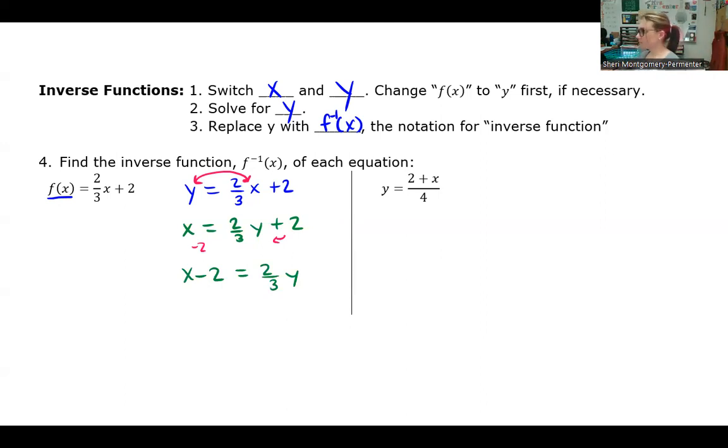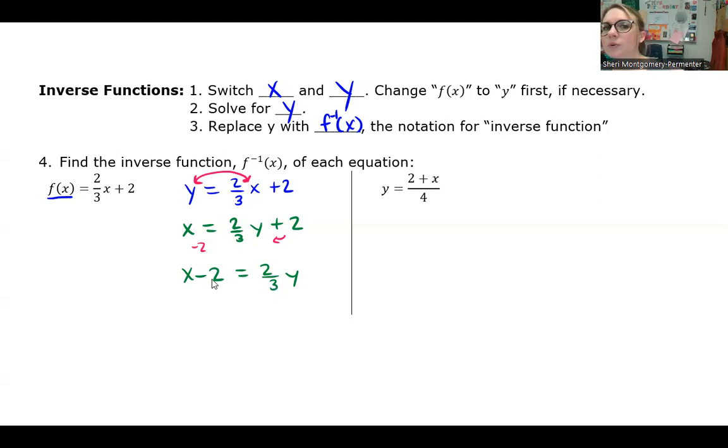From here, there are 2 things happening. So instead of looking at this as a fraction, as a whole, like it has to stay together, this is 2 times y, and this is y divided by 3. We're going to do them bit by bit. So before we can get to the top, we have to get rid of the bottom. So we're dividing by 3.